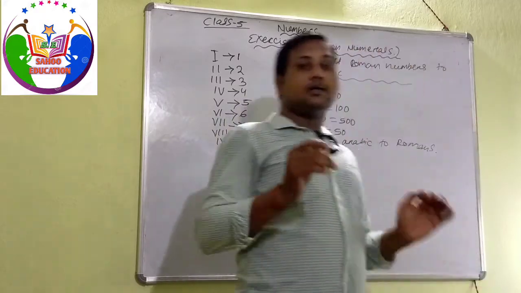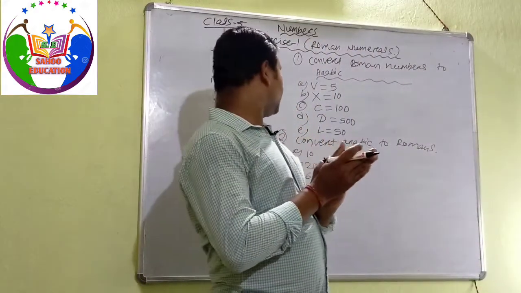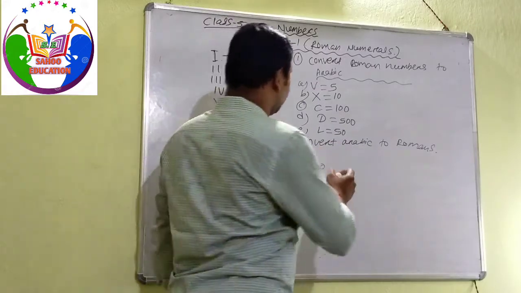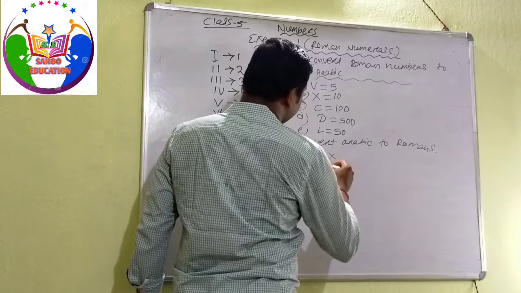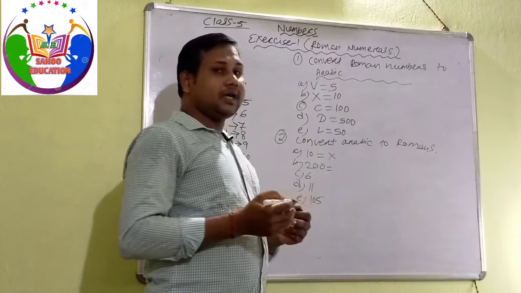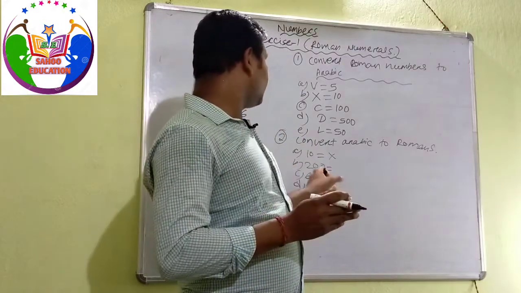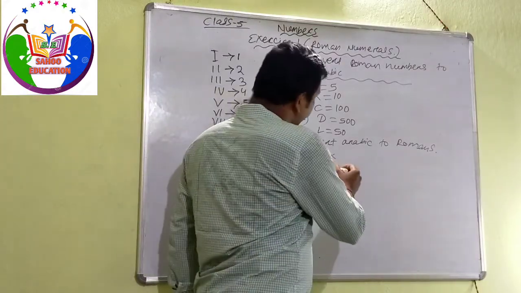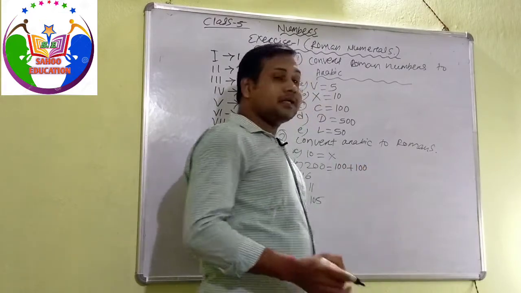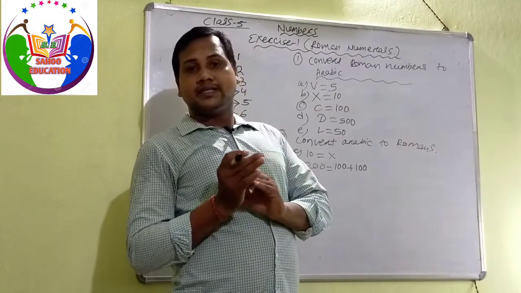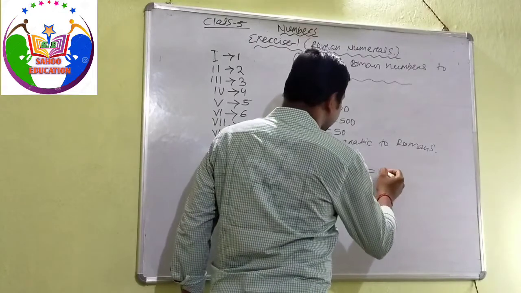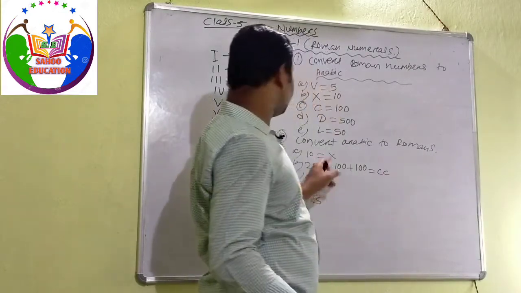So I'll tell you one easiest method how to convert this Arabic number to Roman system. You already know 10 is written as X, and you know expansion form of the numbers. They are given 200, we can write it as 100 plus 100, and also you know 100 is written for Roman number C. So 2 times C represents 200.